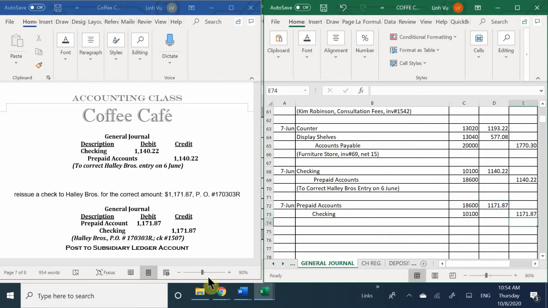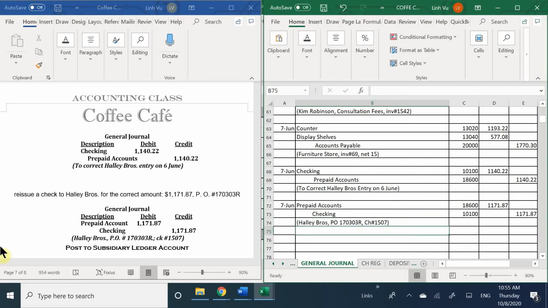All right. And now here, I'm going to indicate that this is also Haley Bros. I wrote a brand new purchase order number 170303R, right? Because it's a brand new one, with a check number of 1507. Okay. With the new amount here.